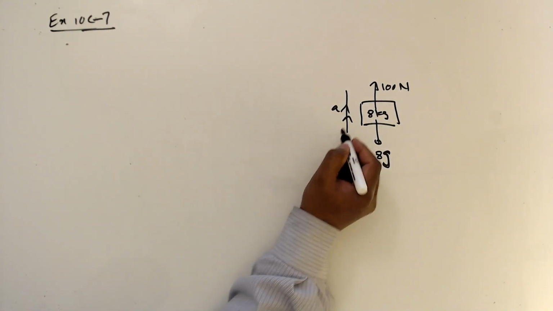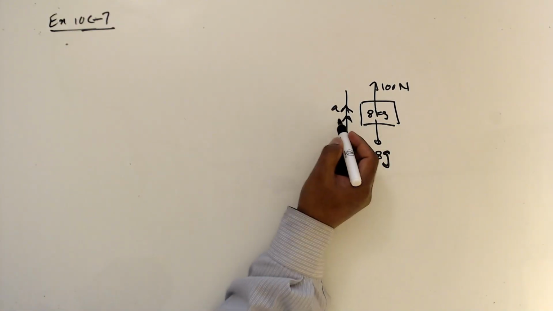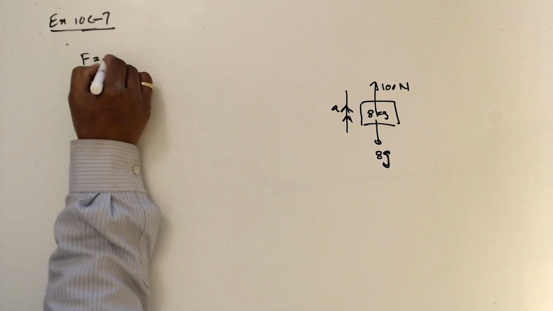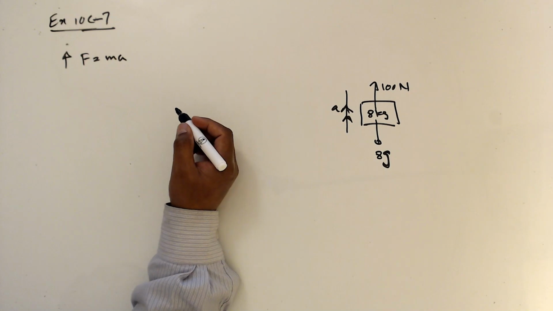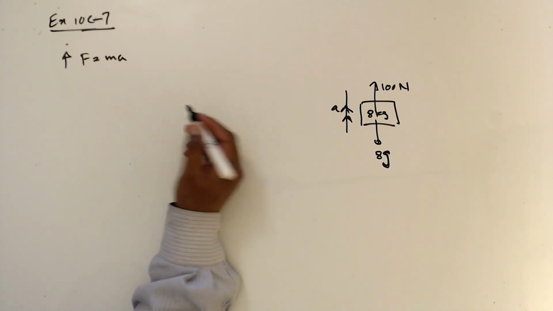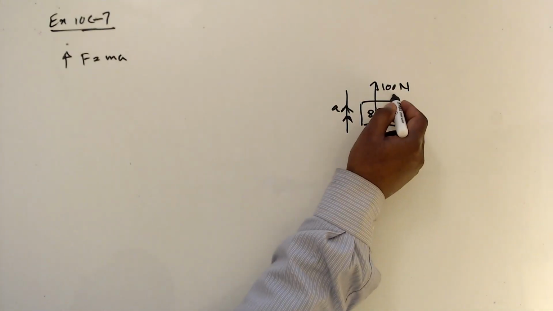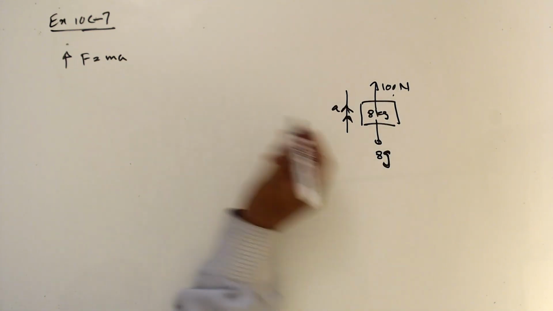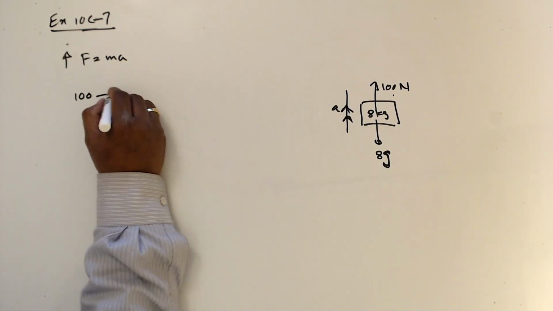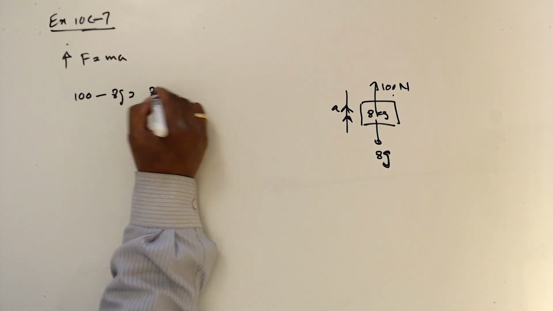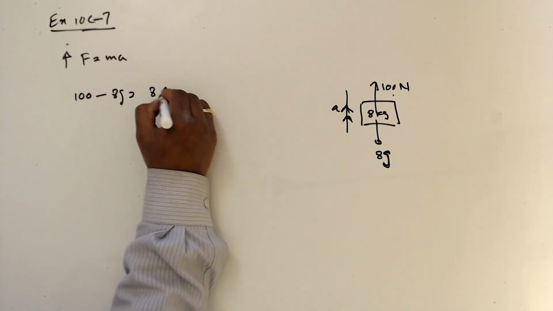So this is part B. I'll put F equals ma upward, because acceleration in this side is not necessary, but this is 100 Newton, so that is a positive one. 100 minus this is 8g equals 8 times a.